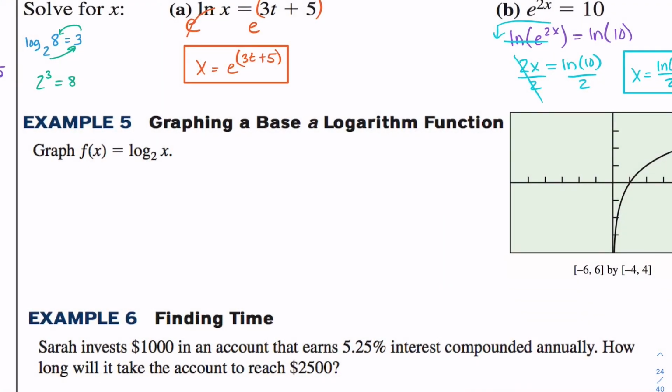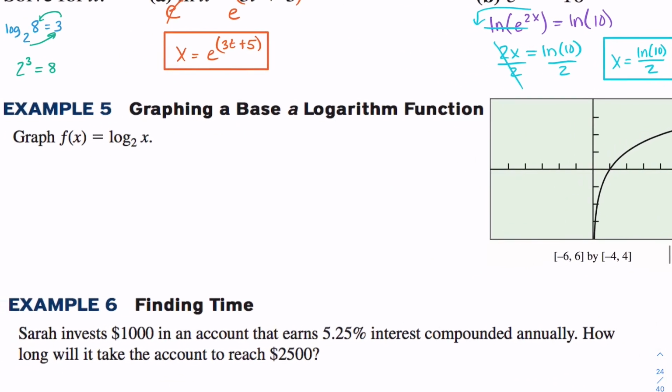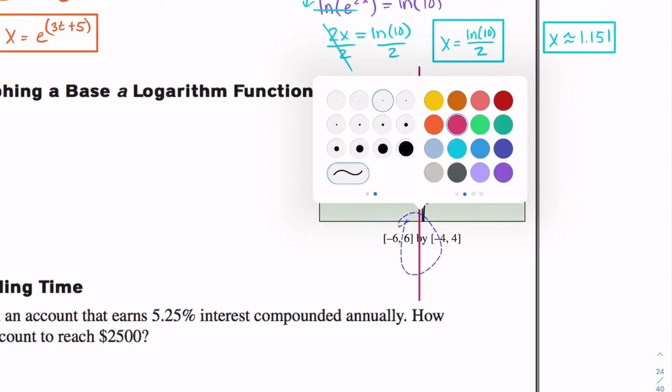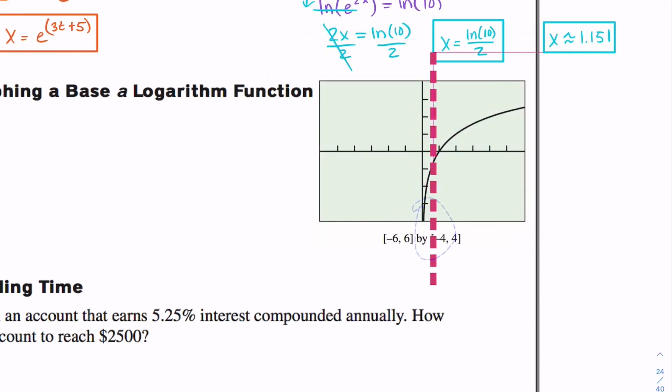All right, so graphing a base A logarithmic function. I guess the important thing here is that there's an asymptote, you cannot graph a negative number, and we just saw that. So let's put the question in focus here. There, that's your asymptote right there.